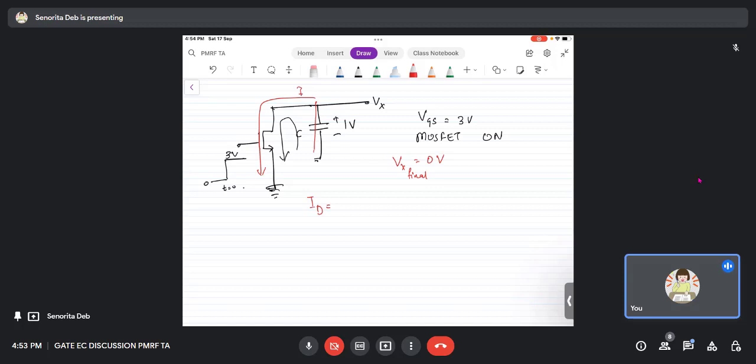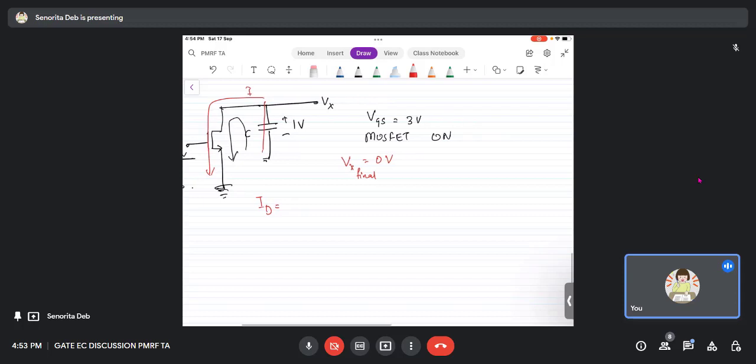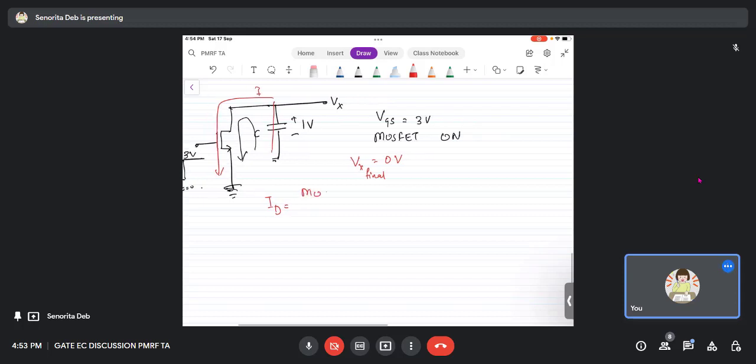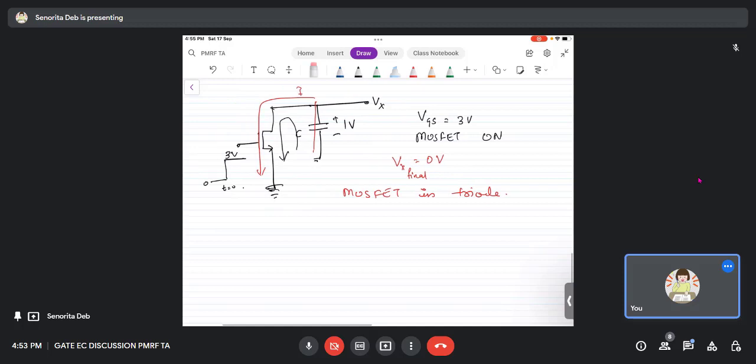I'm assuming it is right now in triode. Why is it in triode? Can anyone tell why the MOSFET is in triode region? The assumption is correct. Anybody? Just look at the figure.